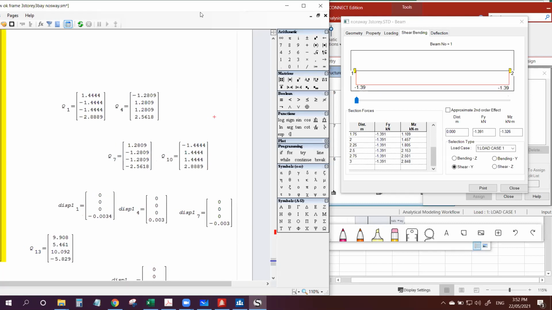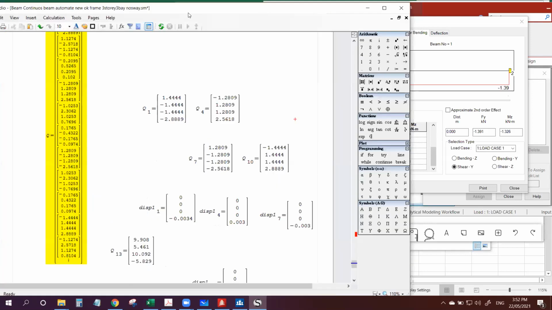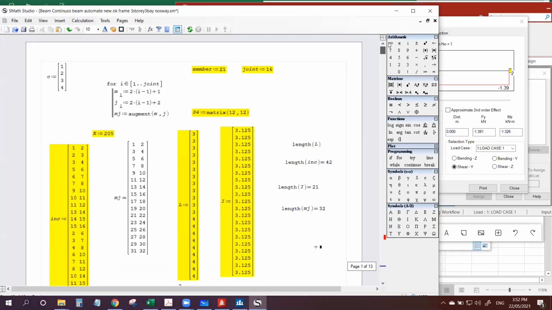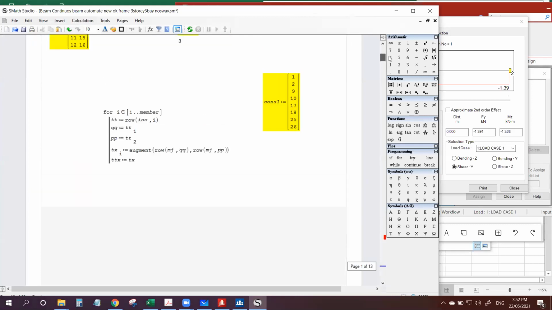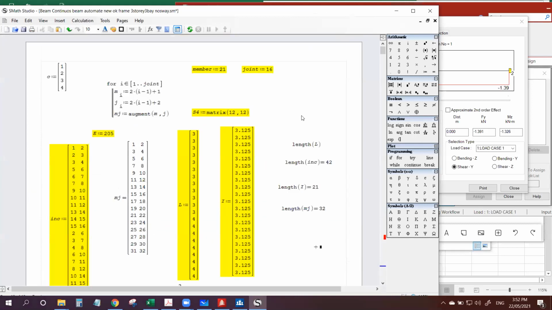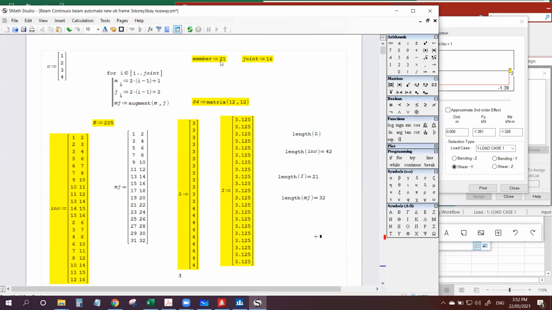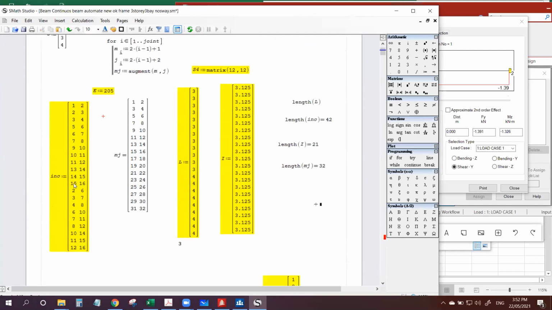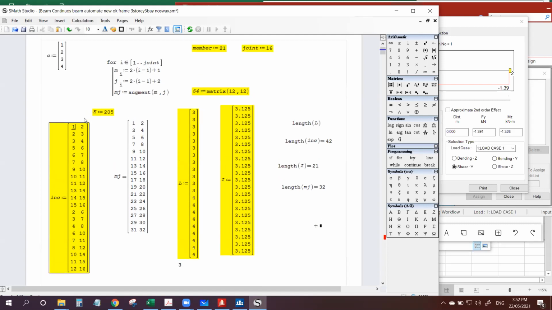Okay. So in short, using this SMAT code, you can theoretically analyze high-rise, right? Because you can just input the members here, number of joints, okay, and define your expected S matrix. And then this one may be the tedious part because it is the member incidence, no?